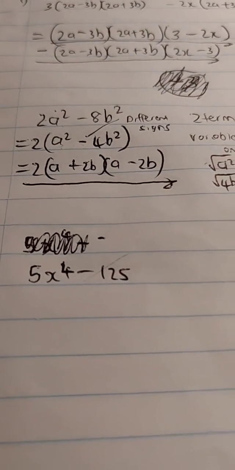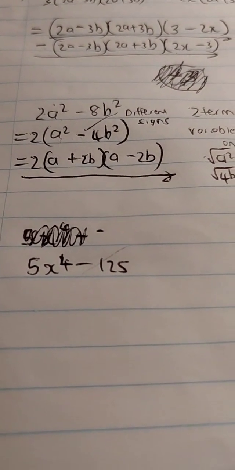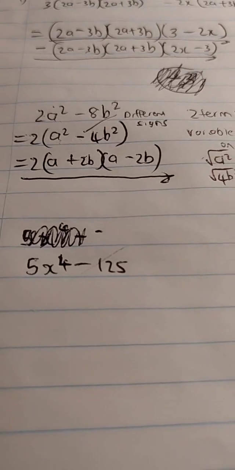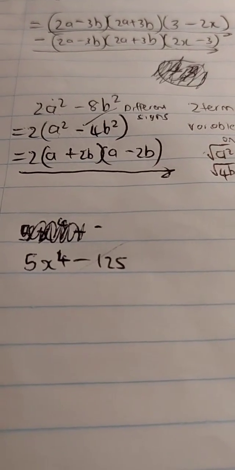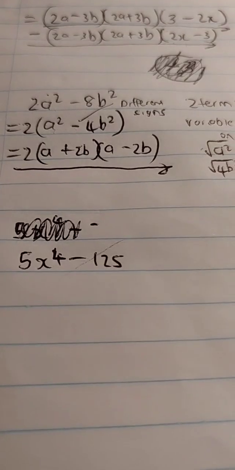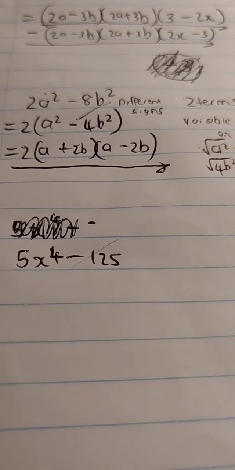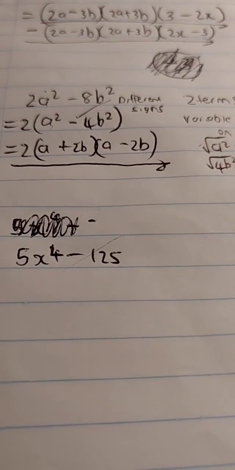Okay, let's look at this one: 5x to the power 4 minus 125.